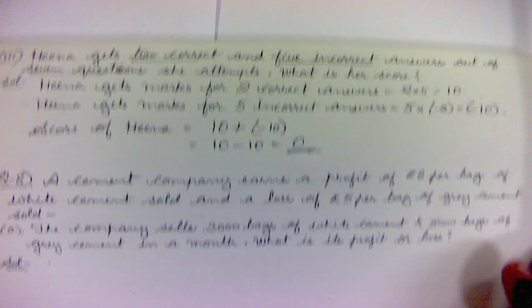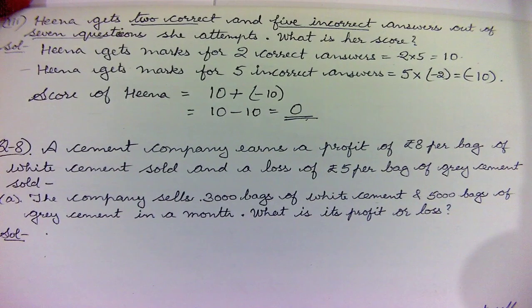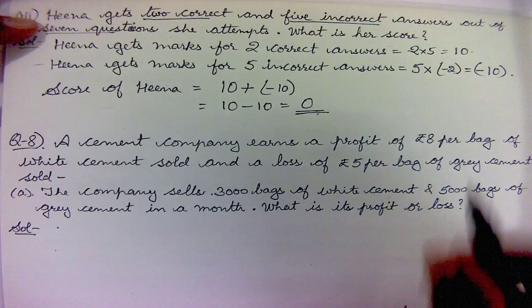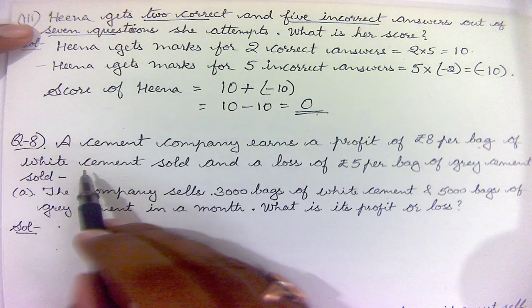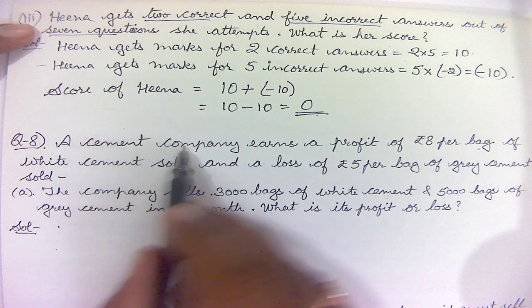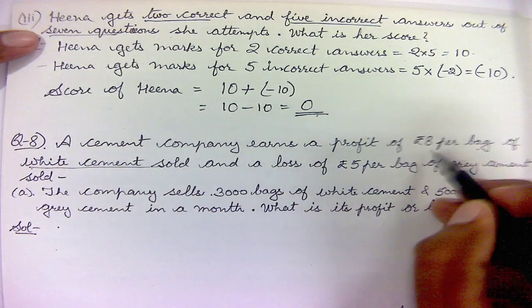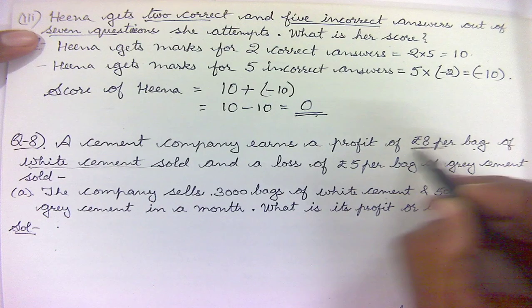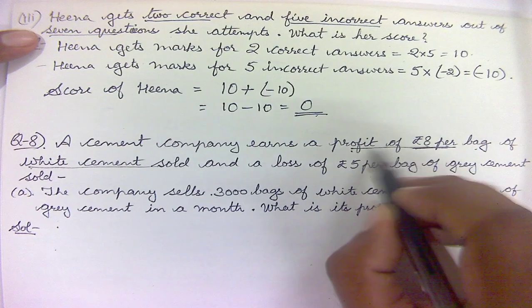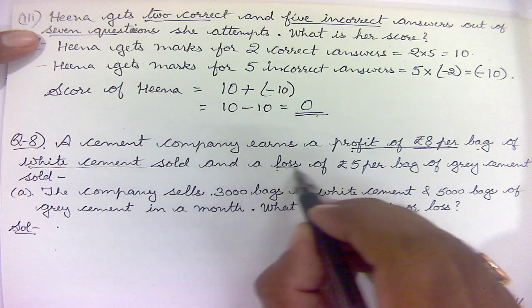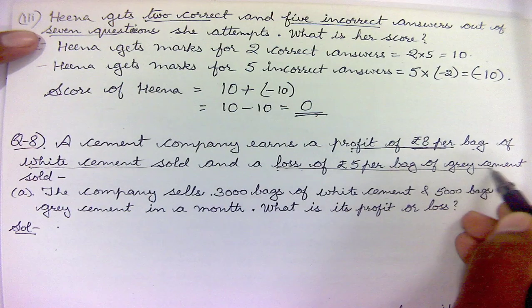Now question 8 says that a cement company earns a profit of rupees 8 per bag of white cement sold. Now if a cement company is selling one white cement bag, then it gets rupees 8 as profit and a loss of rupees 5 per bag of grey cement.